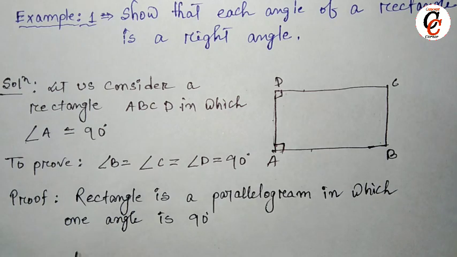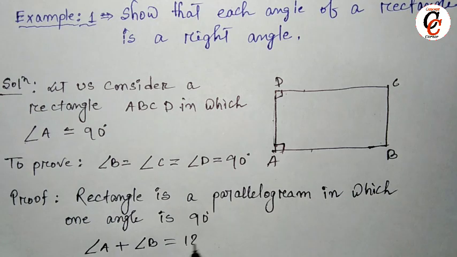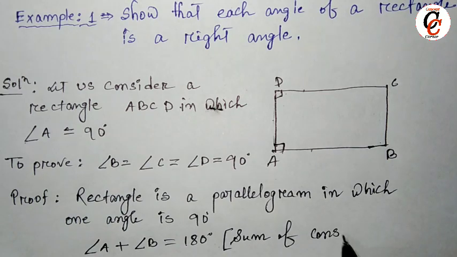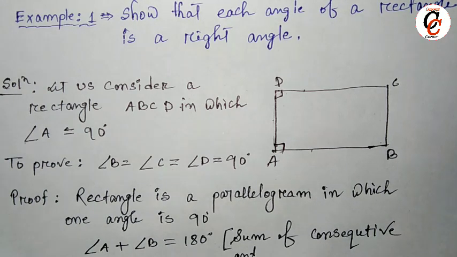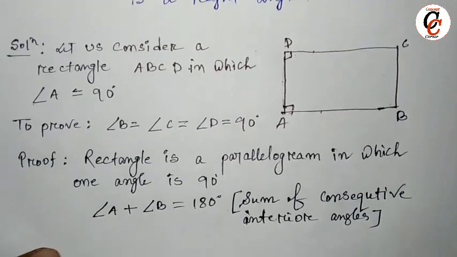Therefore we can write angle A plus angle B is equal to 180 degrees. Why? The sum of consecutive interior angles is always 180 degrees.